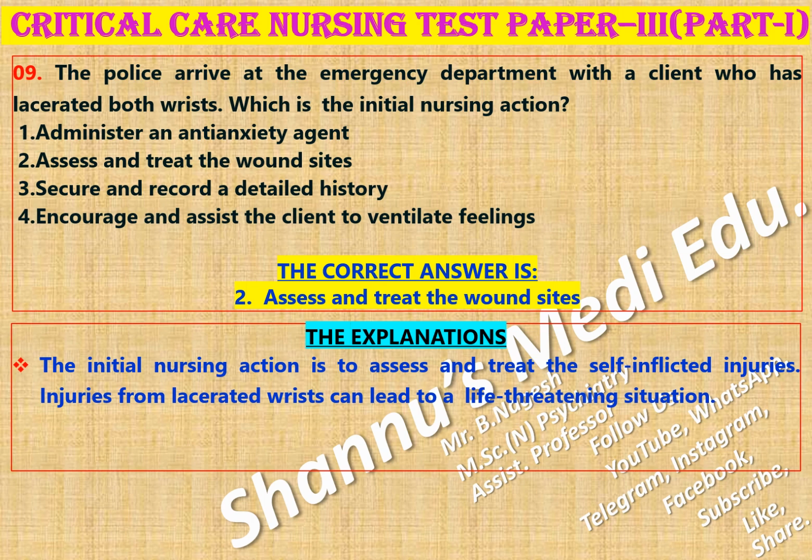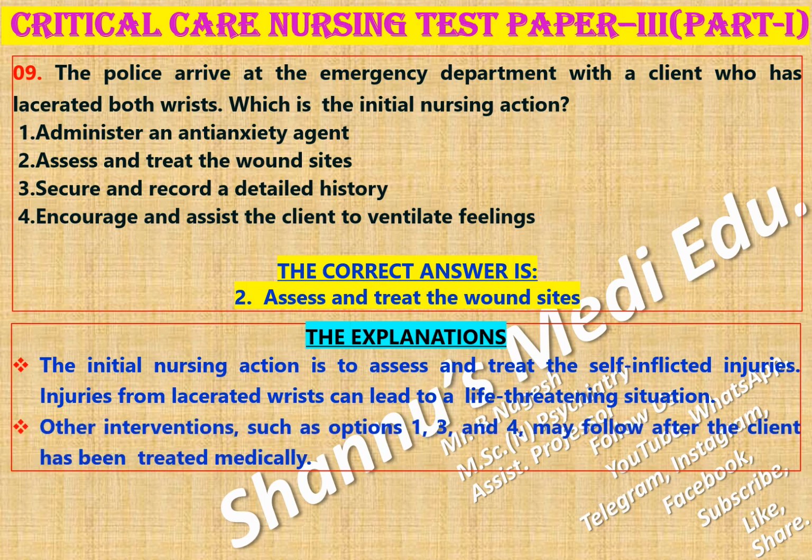The explanation of this question: the initial nursing action is to assess and treat self-inflicted injuries, and injuries from lacerated wrists can lead to a life threatening situation. Other interventions such as options 1, 2, 3 and 4 may follow after the client has been treated medically.